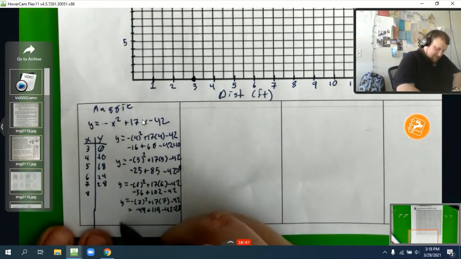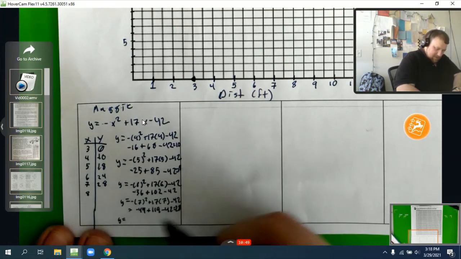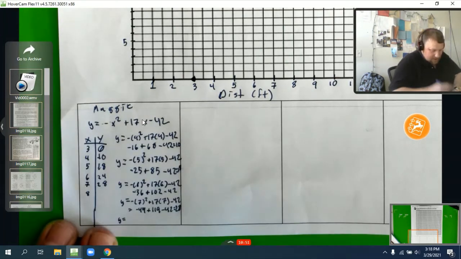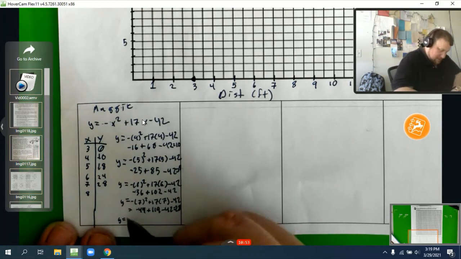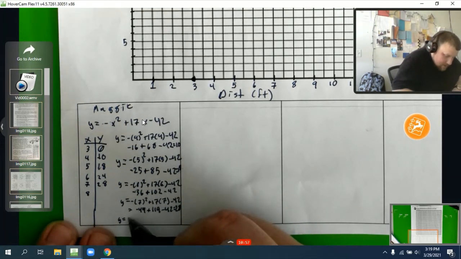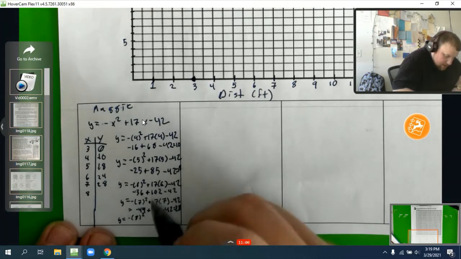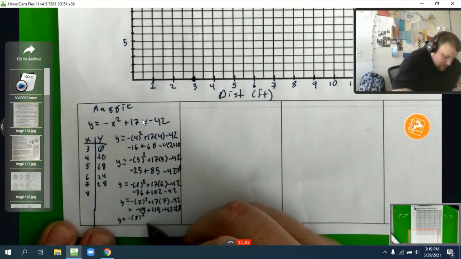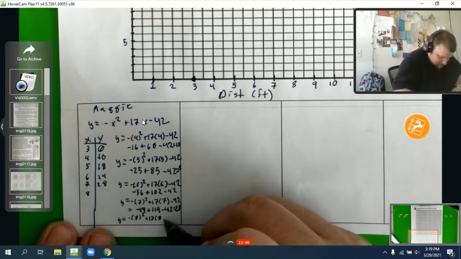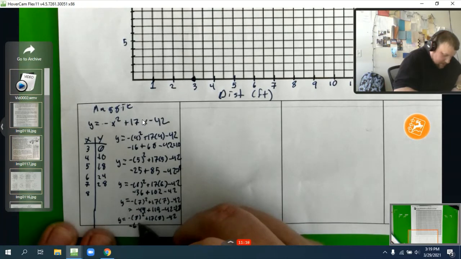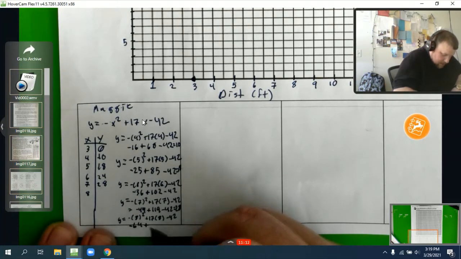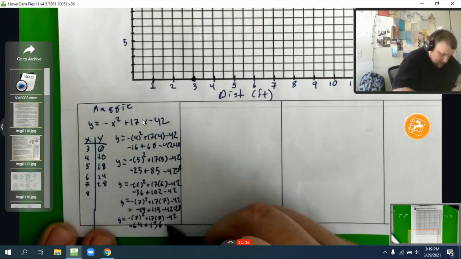8. I'm going to have y equals, what is it? Negative 8 squared plus 17 times 8 minus 42, which equals negative 64 plus, let's see, 80 and 56 is 136 minus 42.